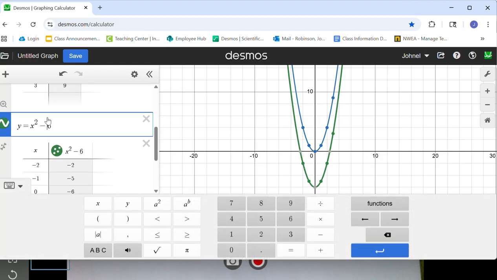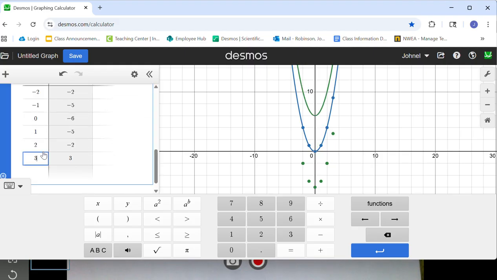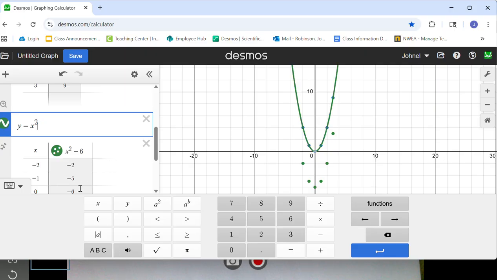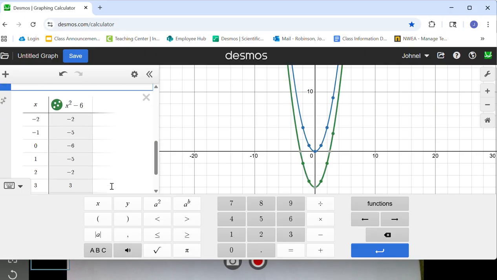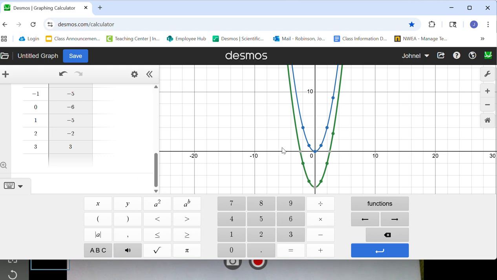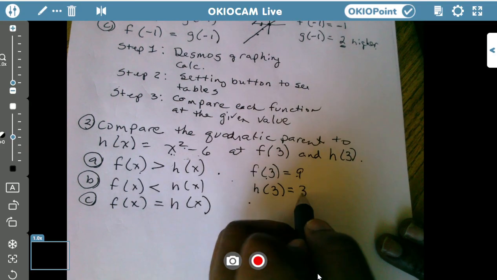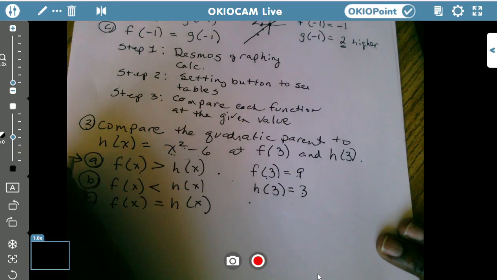I think with my first class, I had this as plus 6, and it came out as 15, but that's neither here nor there. Let me delete that. Our function is minus 6. This is our table, and our parent function at 3 is higher than the transformed function at 3. Yes, 9 is greater than 3, so A is the correct answer.